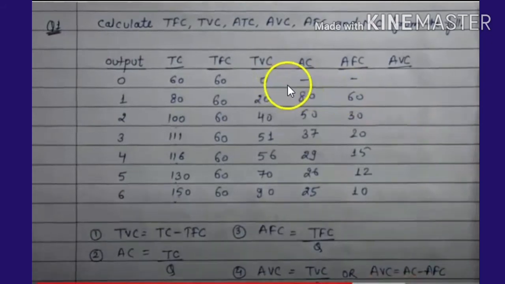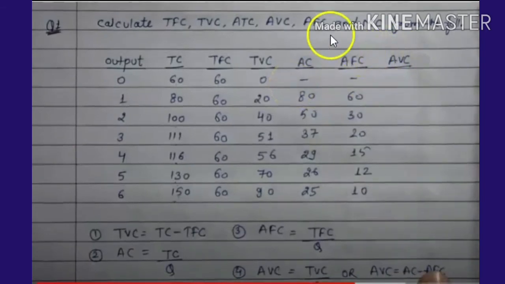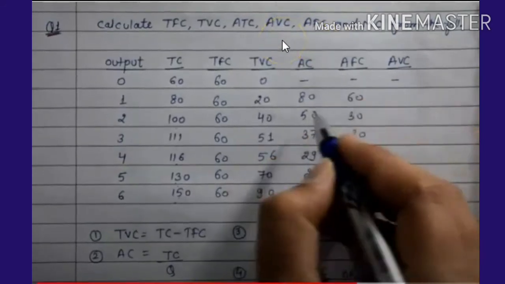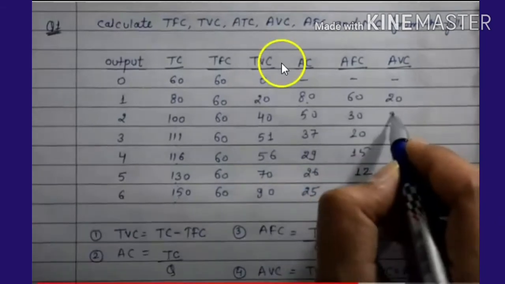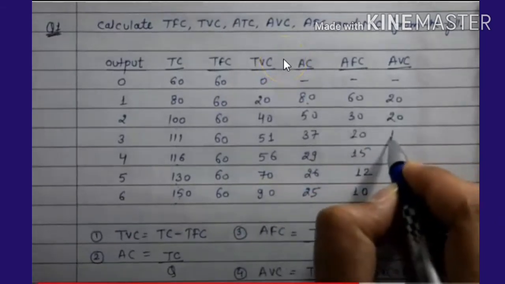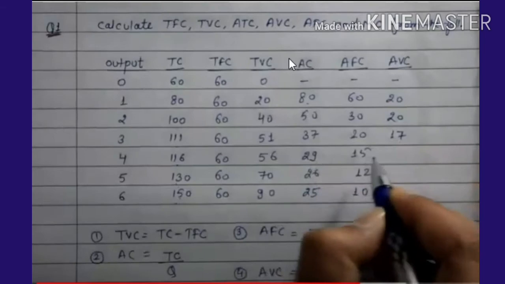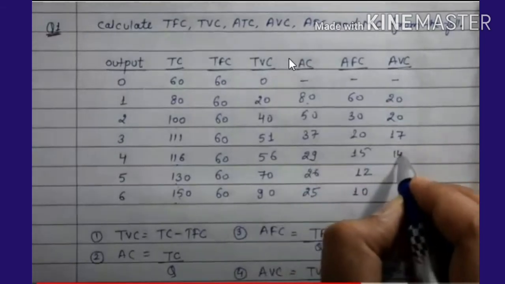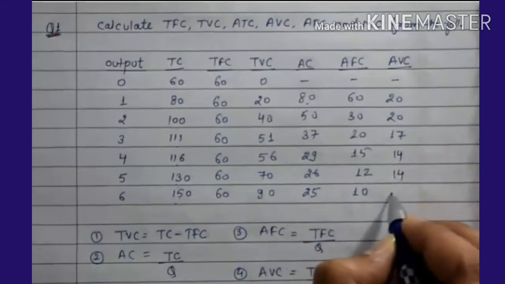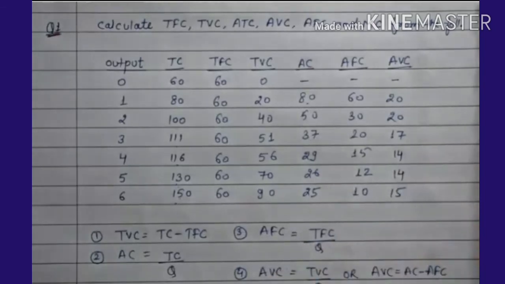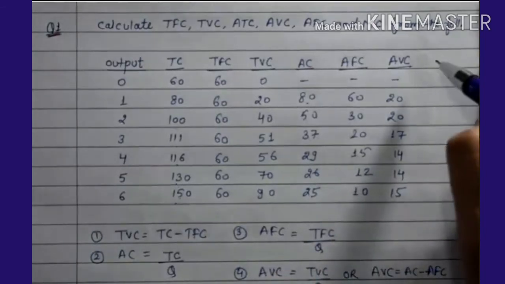You can just divide by 0. First it's not determined, or you can put 0. Okay. So it's not determined, dash, then 20, then you will be getting 20, then again you will be getting 20, then 14, then 14, then 15. Hope you understood the AVC problem.